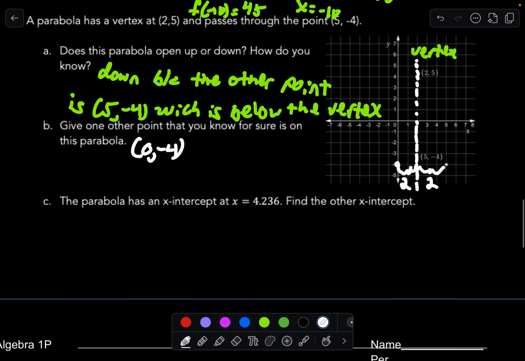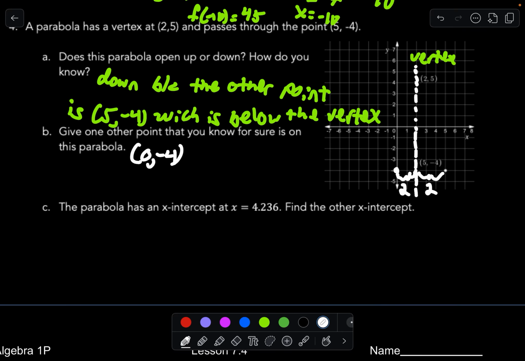The parabola has an x-intercept at x equals 4.236. They tell you that. They want you to find the other x-intercept. Well, you find the distance between 4.236 and the axis of symmetry of x equals 2.